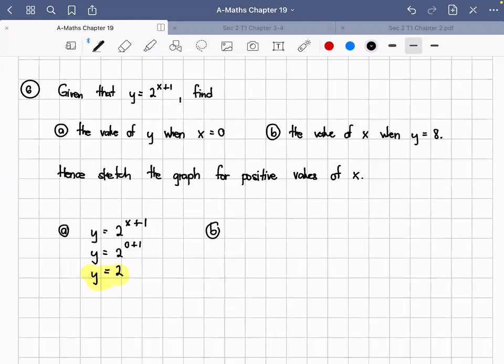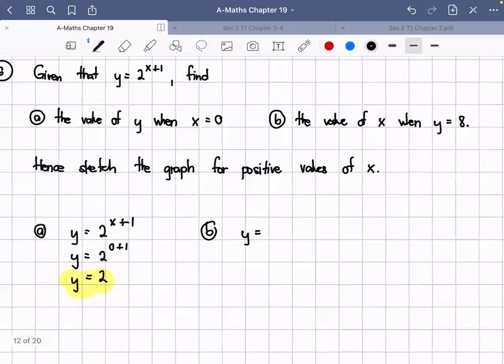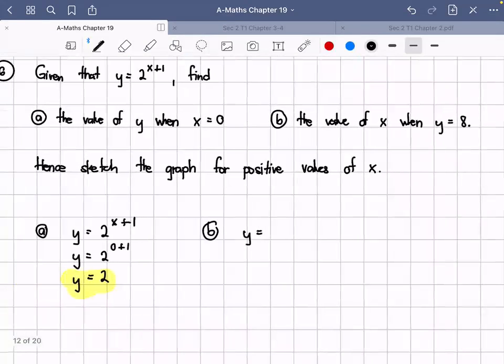How about for letter B? What is the value of x when y is 8? Writing the equation again, y is equal to 2 raised to x plus 1. So if y becomes 8, 8 equals 2 raised to x plus 1. Now, what do we do here, class?